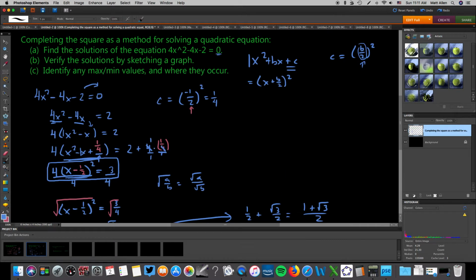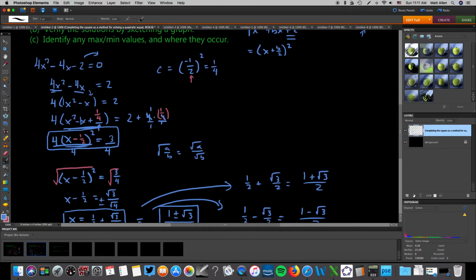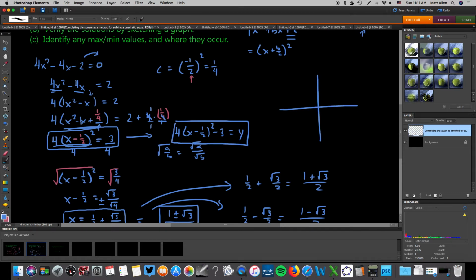So one thing I wanted to do before we verify these is sketch it. We did want to sketch this. Remember, I highlighted this step right here. If I were to bring that 3 back over to the left-hand side, and instead of setting this equal to 0, I set this equal to y again, we could graph this function to see where its zeros lie. This would be shifted right 1/2.